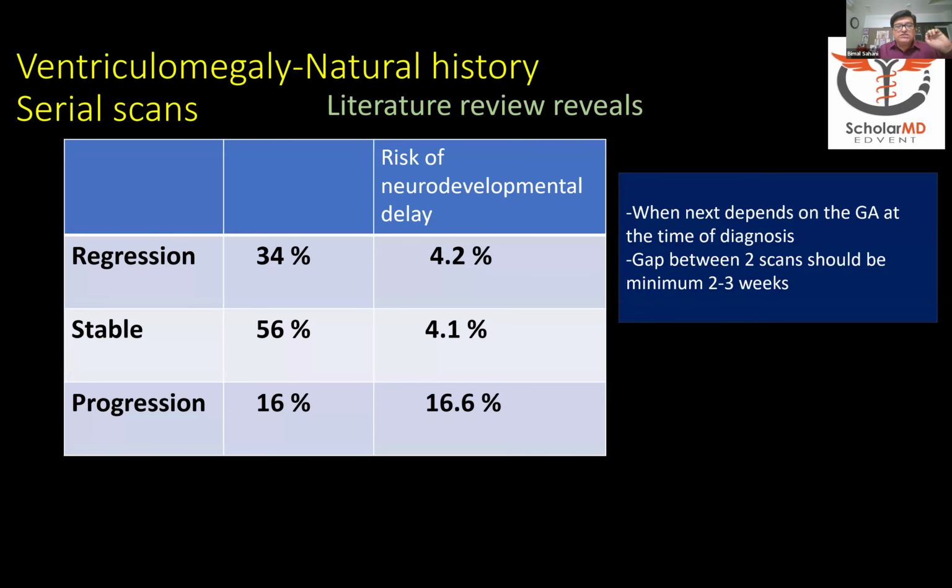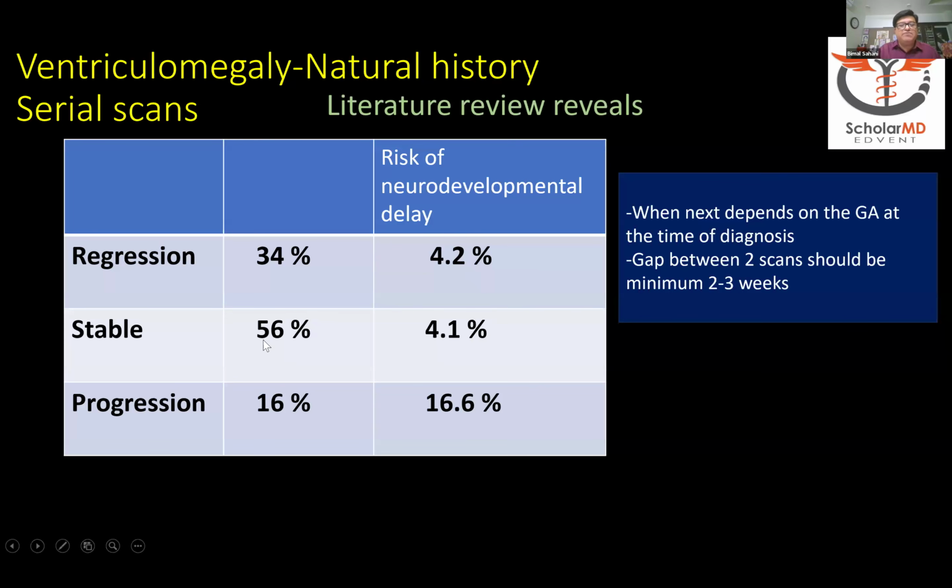Now, literature review says ventriculomegaly has a natural history. The size can either regress, remain stable, or progress. When there is a regression, which happens in 34% of the cases, the risk of neurodevelopmental delay is 4.2%.